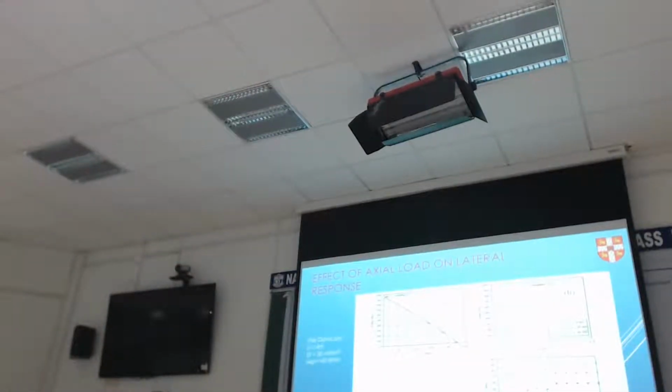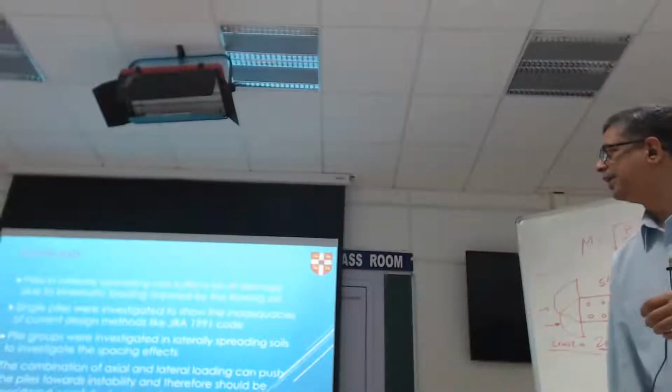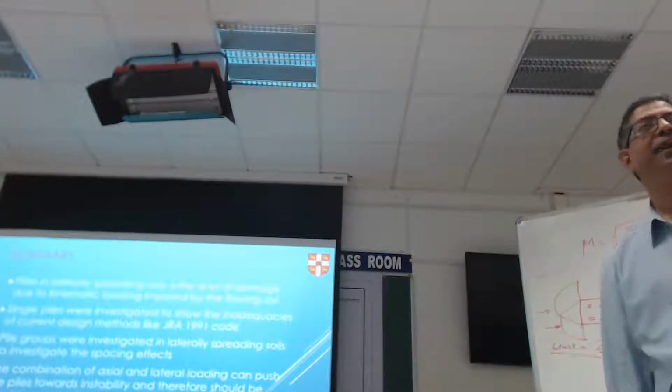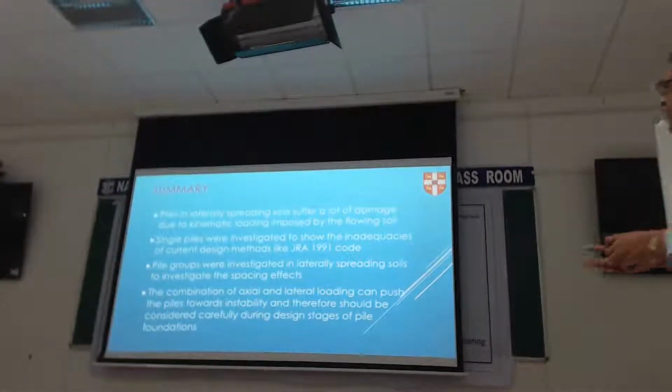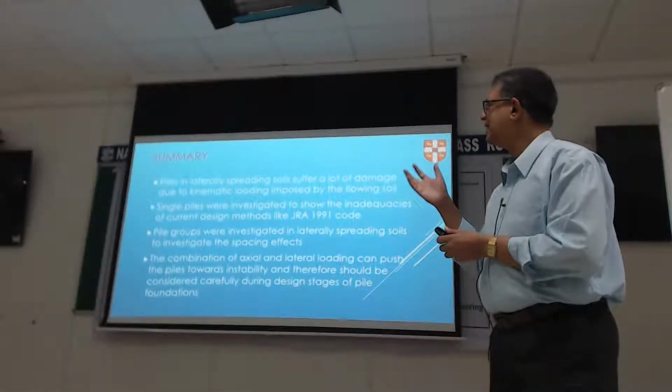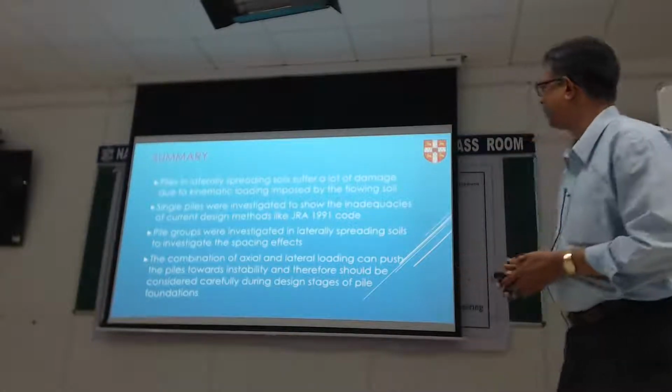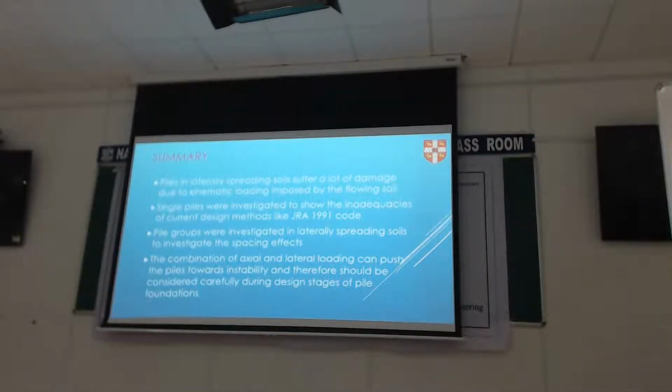Right. Just to summarize, it's been great fun looking at all these things. Piles in laterally spreading soils suffer a lot of damage just because of the kinematic loading. And this kinematic loading is coming because of the flowing soil.